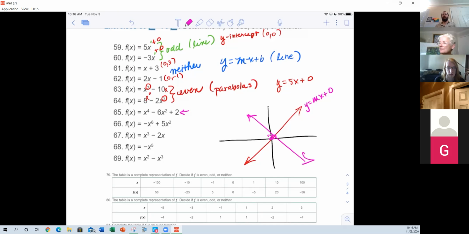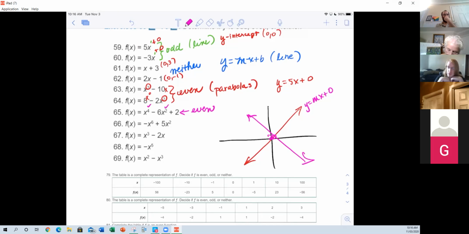I want to say it's even. Yeah, it is even. Good. Okay, and how can you tell it's even? Because it's a polynomial and all the exponents are even. Awesome. Yes, it's a polynomial.